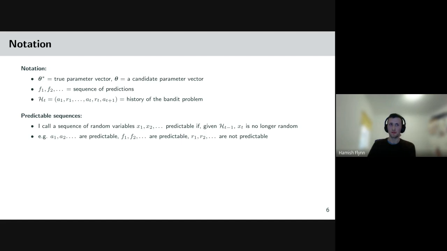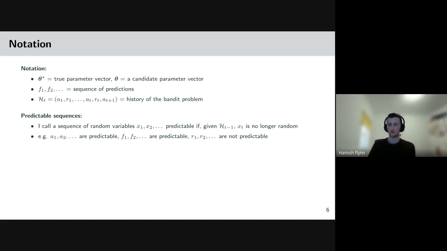In this talk, I'm going to be talking about lots of predictable sequences. I say that a sequence of random variables, x1, x2, and so on, is predictable if, given the history H_{t-1}, x_t is no longer random. If you prefer, you could say that H_{t-1} contains all information about x_t, or you could say that each x_t is H_{t-1}-measurable.